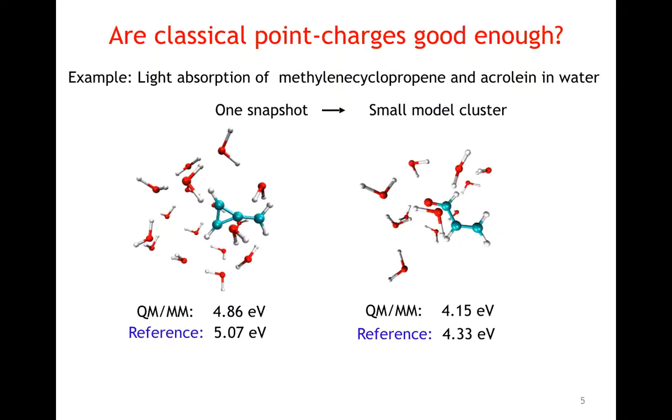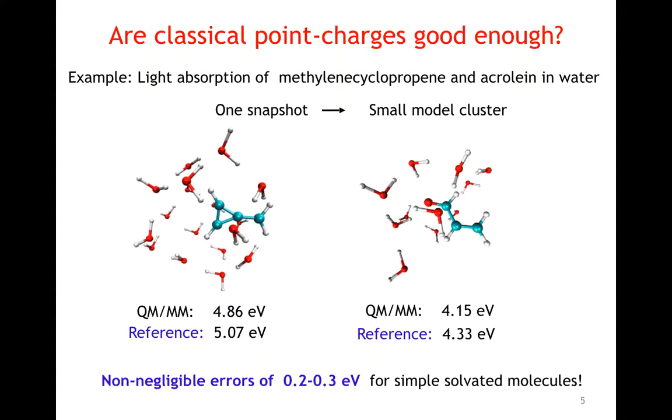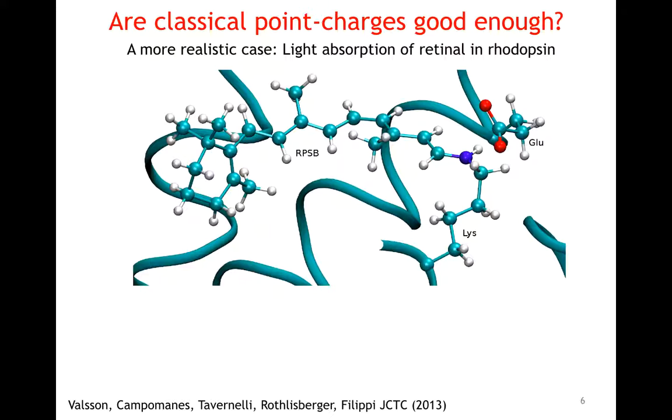We just want to compare how the QM/MM approximation works with some reference numbers that we computed for the excitation. We can see from these numbers that the errors in computing the excitation within the QM/MM framework are not negligible and range between 0.2 and 0.3 electron volts for these simple chromophores.